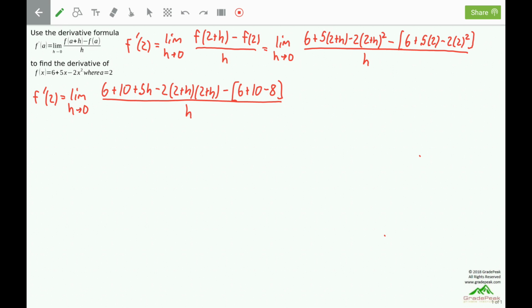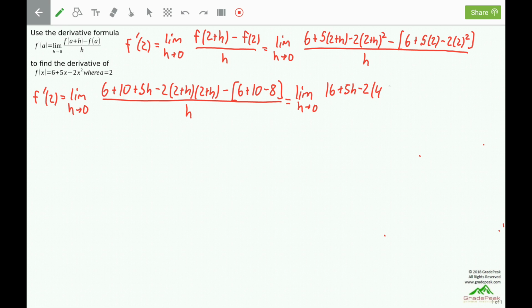Now our goal in the definition of derivative involving h problem is to get an h to factor from the numerator to cancel with the h in the denominator. Until we can do that, we're going to have the 0 over 0 indeterminate form. Let's continue to simplify this. Limit as h goes to 0 of 6 plus 10 is 16, plus 5h, and then minus 2 times, and then we'll FOIL out 2 plus h times 2 plus h first.